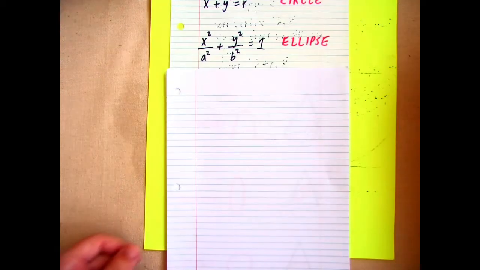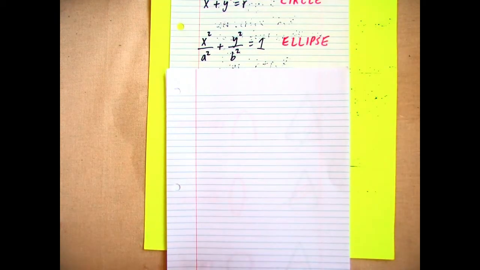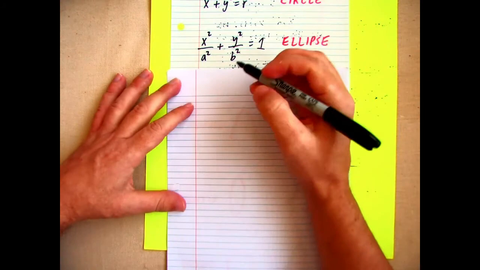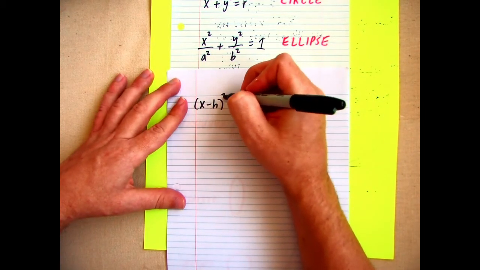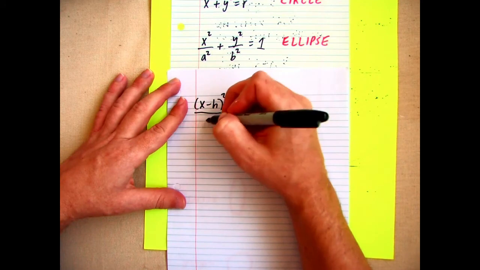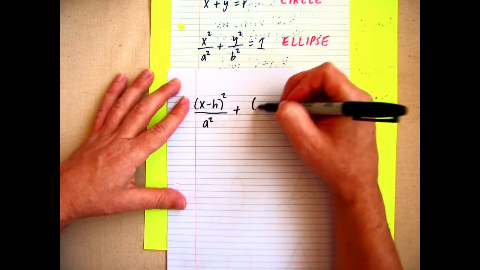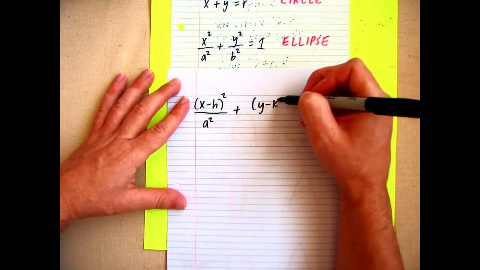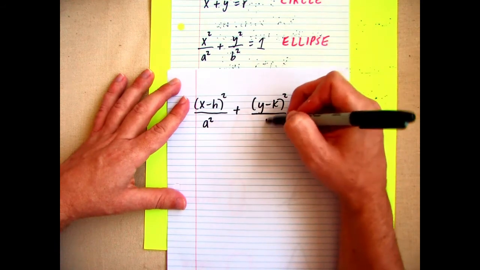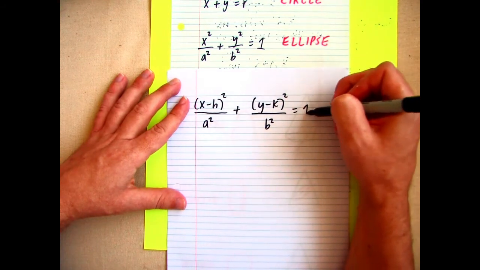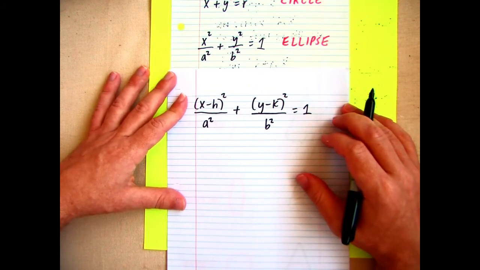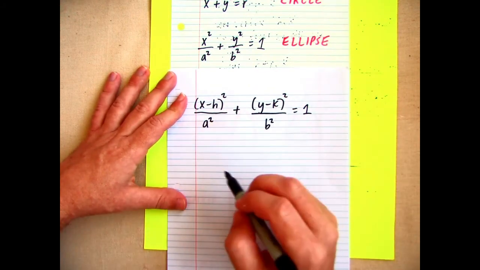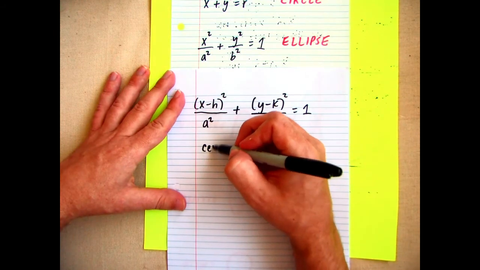Alright, next is the ellipse. The ellipse is probably next easiest after the circle, in large part because the ellipse resembles a circle, right? It's an oval, which is kind of an oblong circle. So if this is the form of your ellipse, your center is at h, k again.